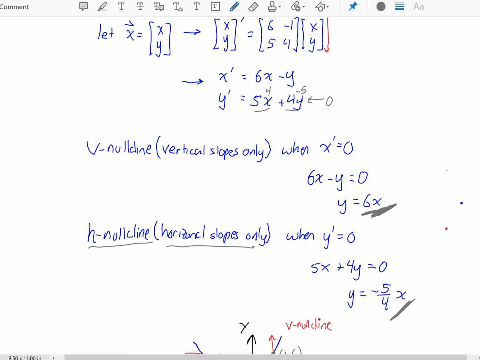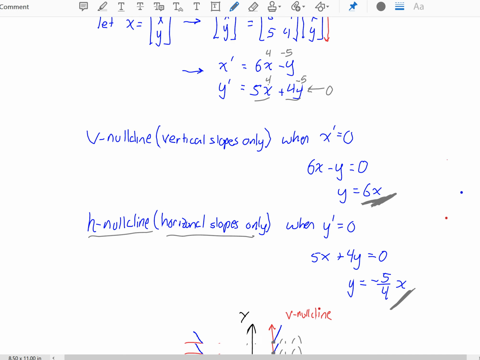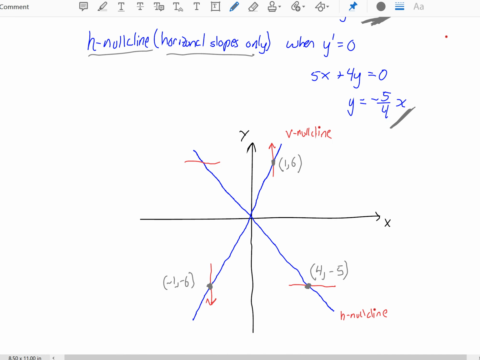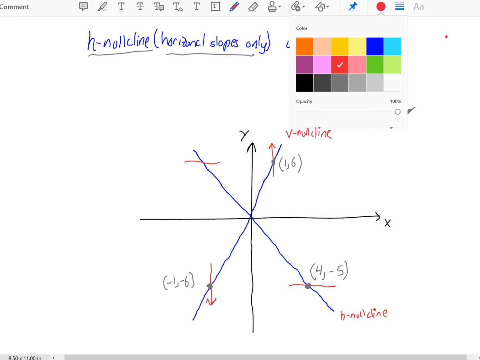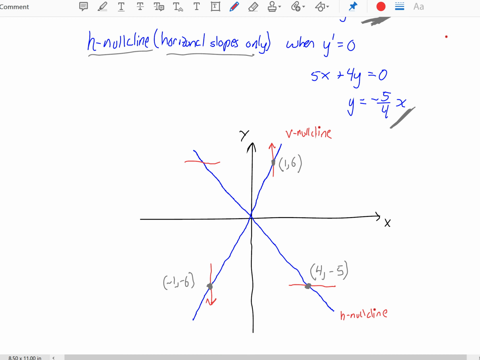But if you plug 4, -5 into your x prime equation, this will be 24 plus 5, which is 29. I don't really care as much that it's 29 as that it's positive. That tells you your x movement is positive. So at this point, for -5, solutions have to be moving to the right.